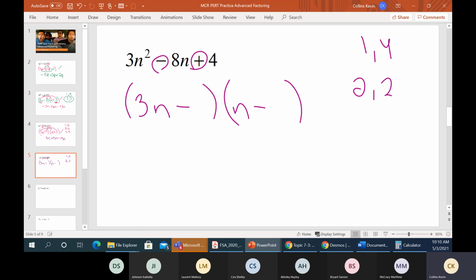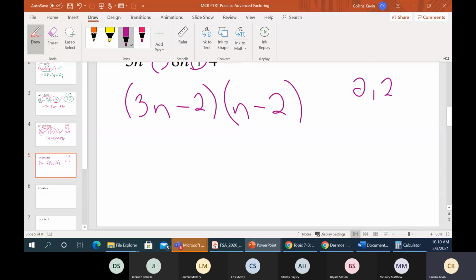Okay. So which ones you want to try? Go with the 2 and 2. Here's the nice part about this. Even if this isn't right, the nice part about 2 and 2 is there's no guesswork, right? They both are 2s.